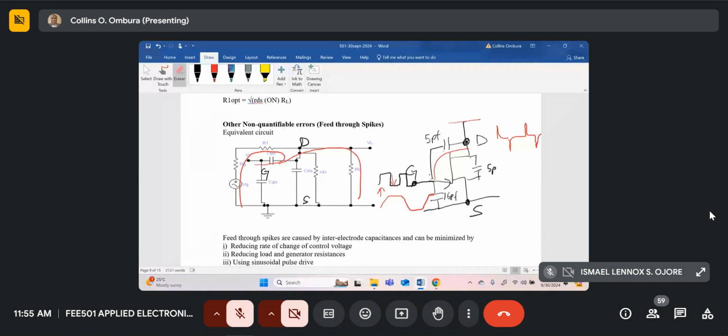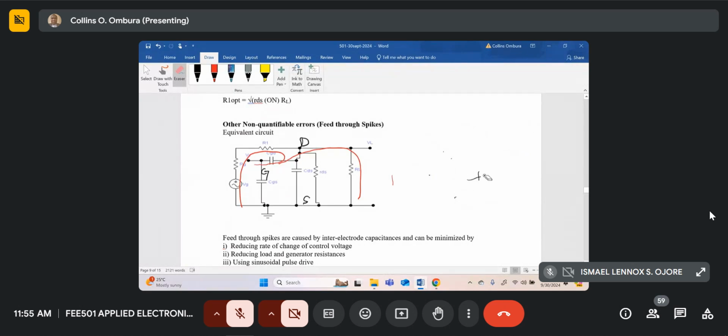let me make life easy. So if you look at this circuit, this is your control voltage. It's going to your gate, and then it goes to the drain through this.